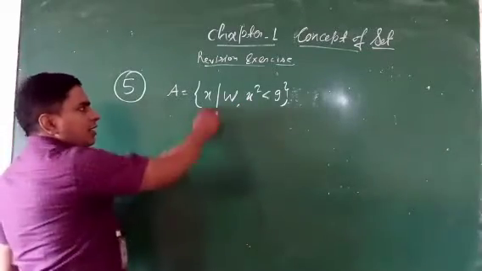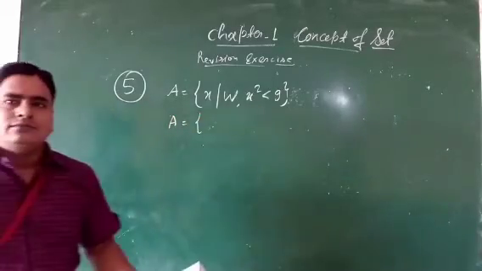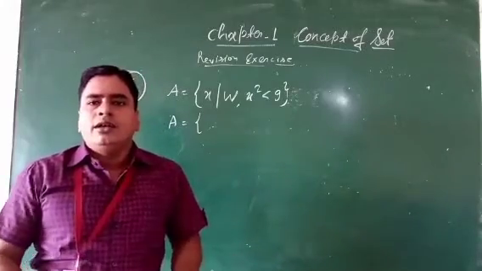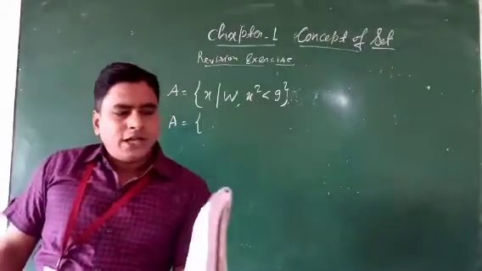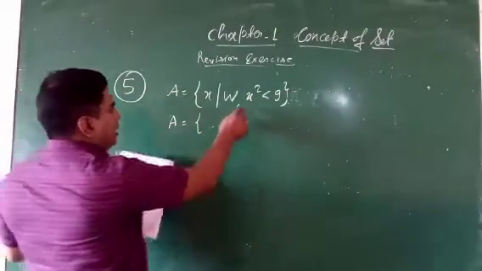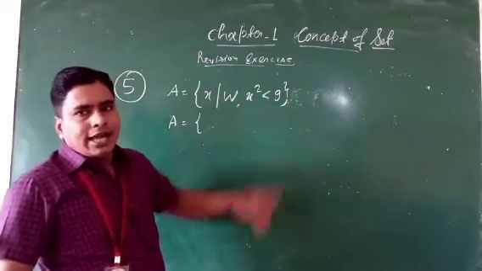So first we have this set in set builder form. You have to write this in the roster form. Clear? So write all the whole numbers whose square is less than 9.